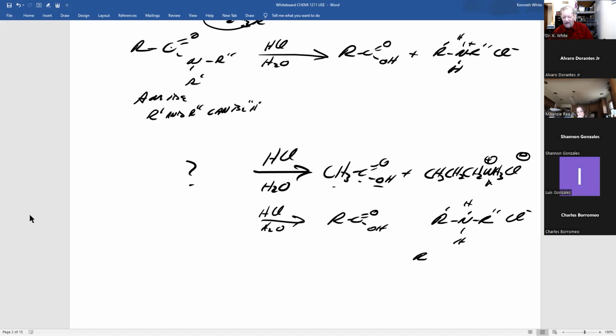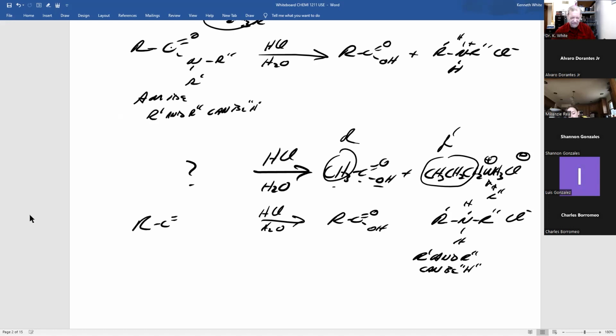And remember, R prime and R double prime can be one, both, or none hydrogen. In this case, one of them is. I'll call that R double prime. I'll call this R prime. And I'll call this R. What do we start with? An amide.